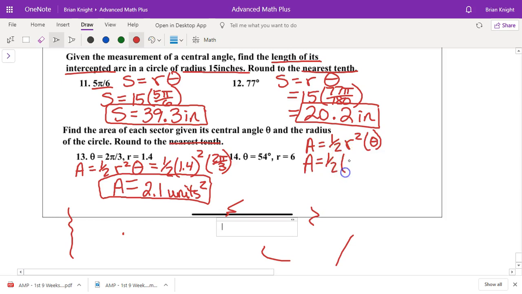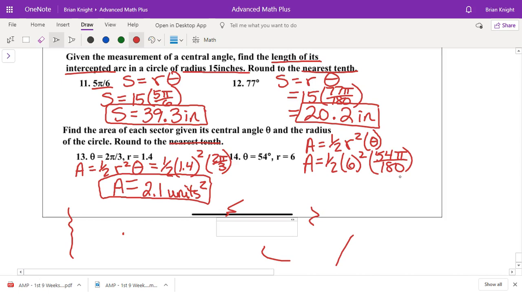So 1/2 r is 6 squared. How am I going to change 54 degrees to radians? I just say 54 pi over 180. That's all you've got to remember. Put all that in your calculator. They're saying they get 17.